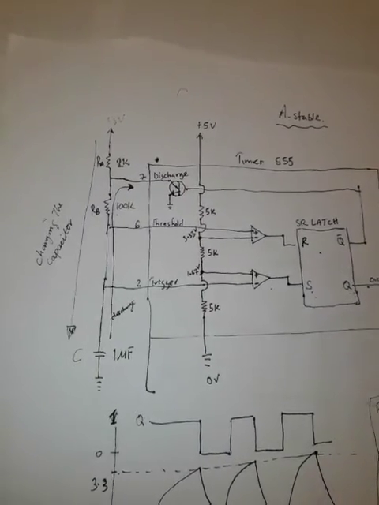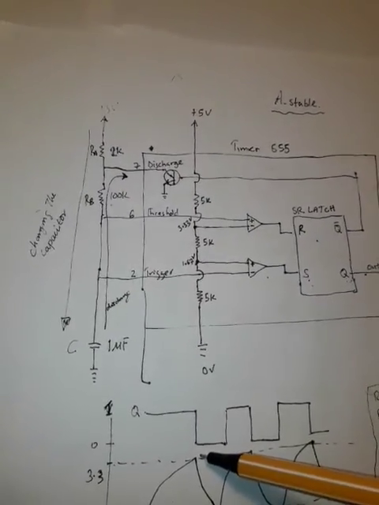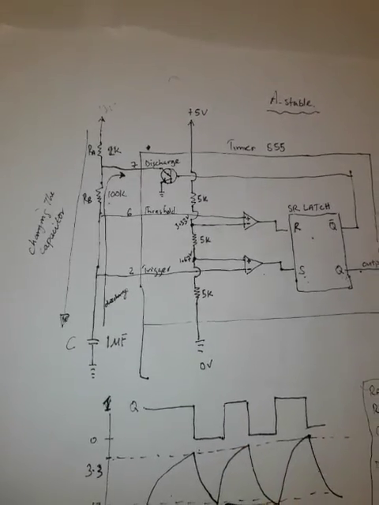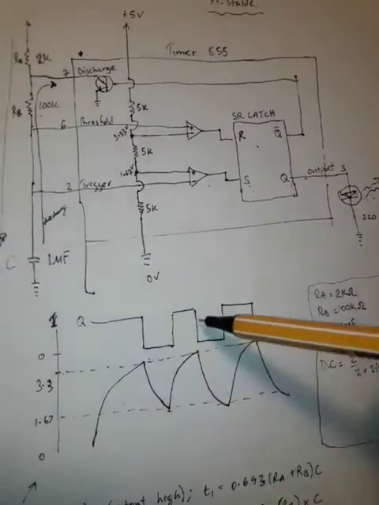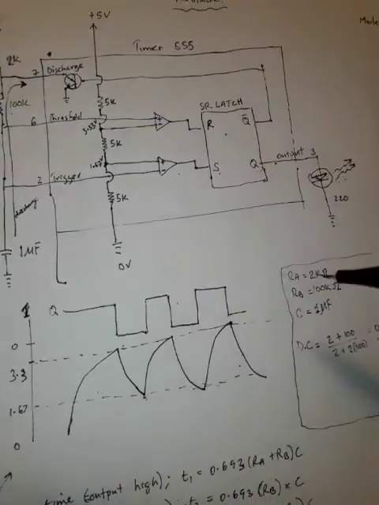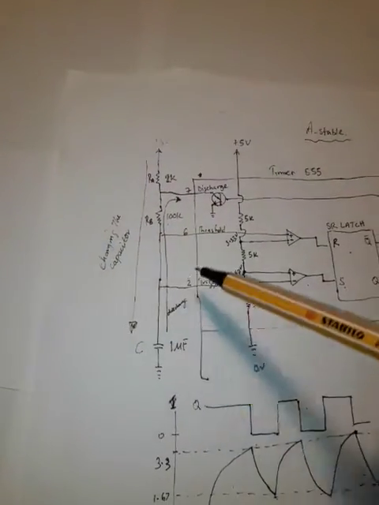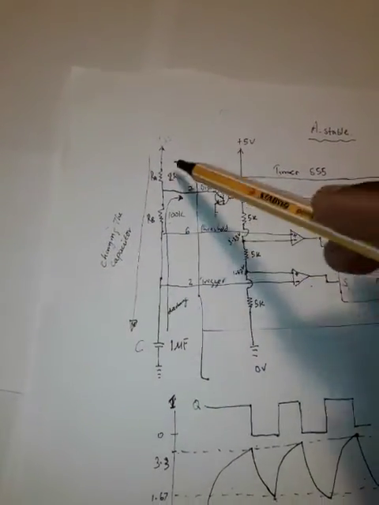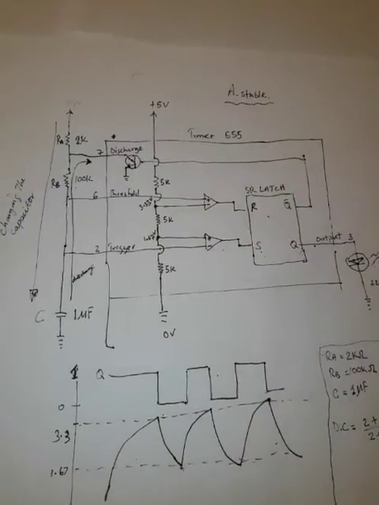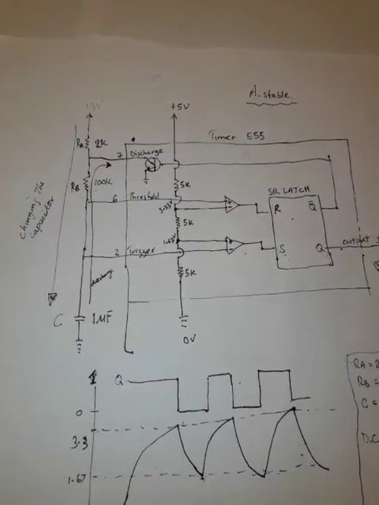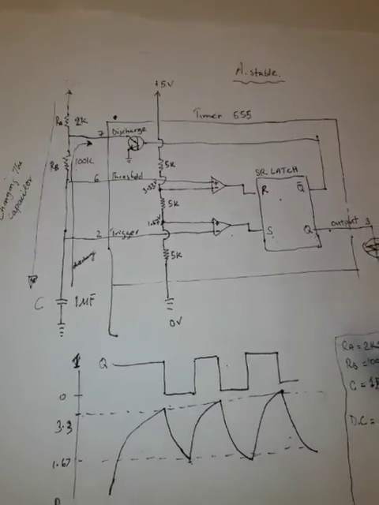So the capacitor is charging up to 3.3 volts, falling down to 1.67 volts, charging up again and coming down. And by playing around with the values of these 2 resistors, you can control the speed of the frequency of the pulse, which is what I have here.